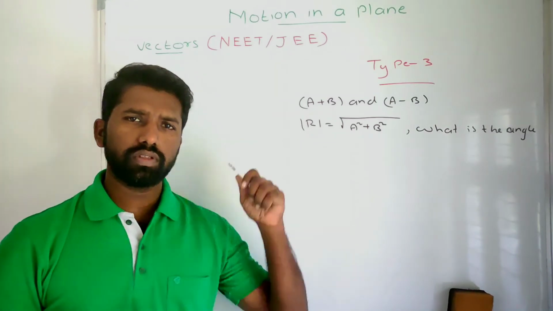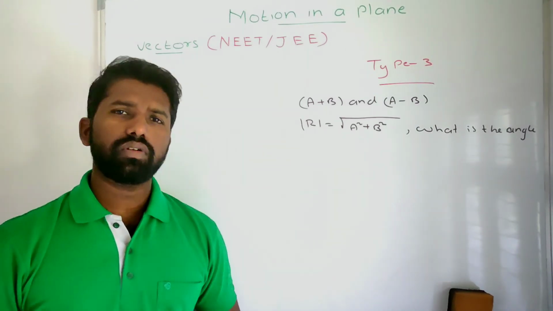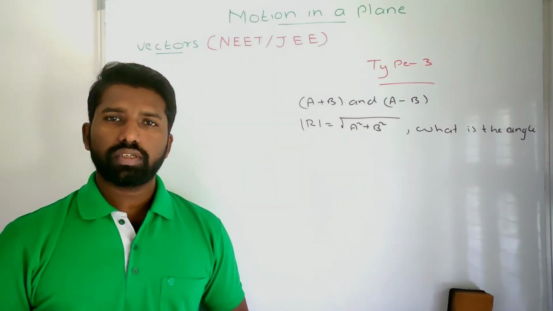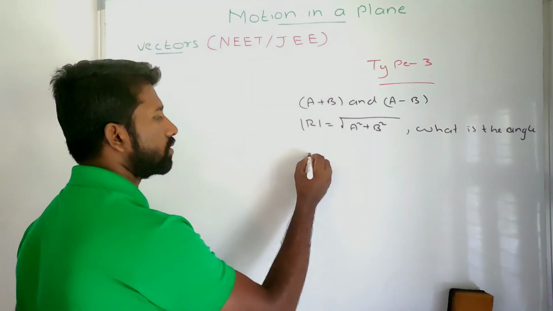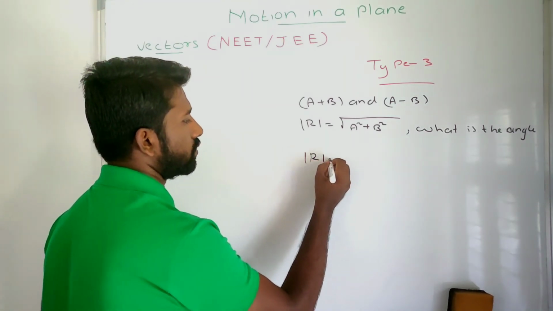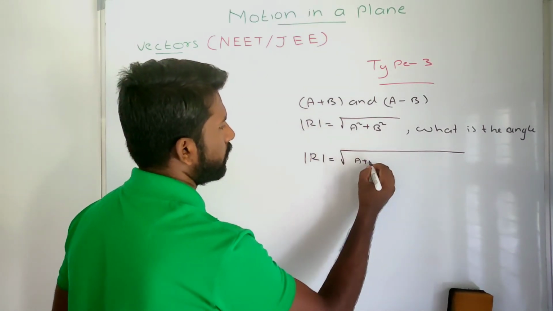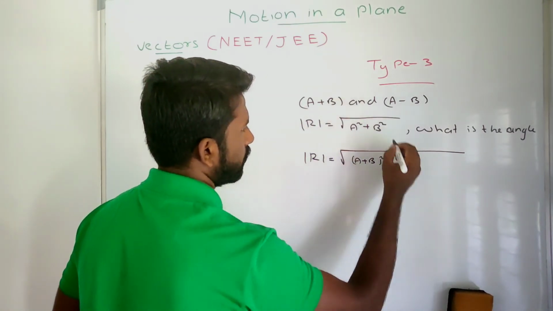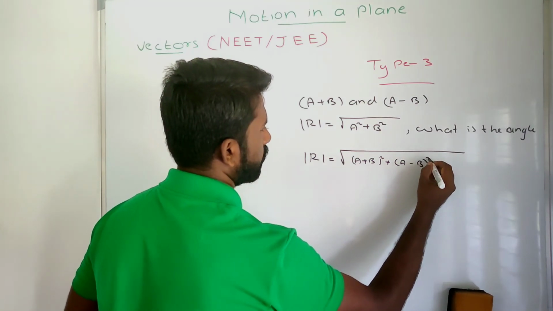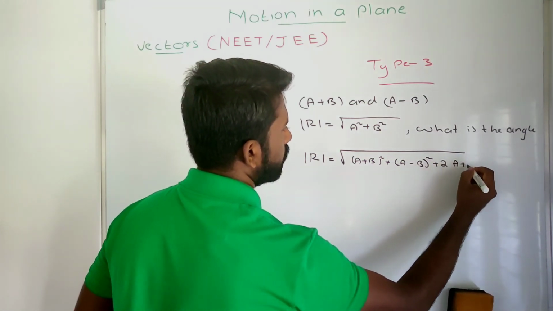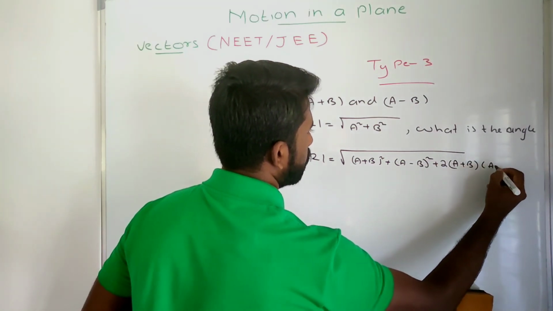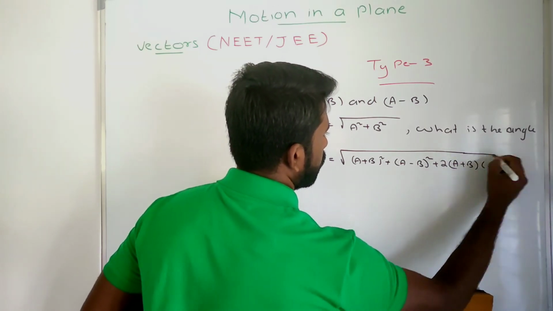Okay, so this is the question. So based on the vector algebra, we can write that the resultant magnitude is equal to square root of A plus B whole square plus A minus B whole square plus 2 into A plus B into A minus B cos theta.